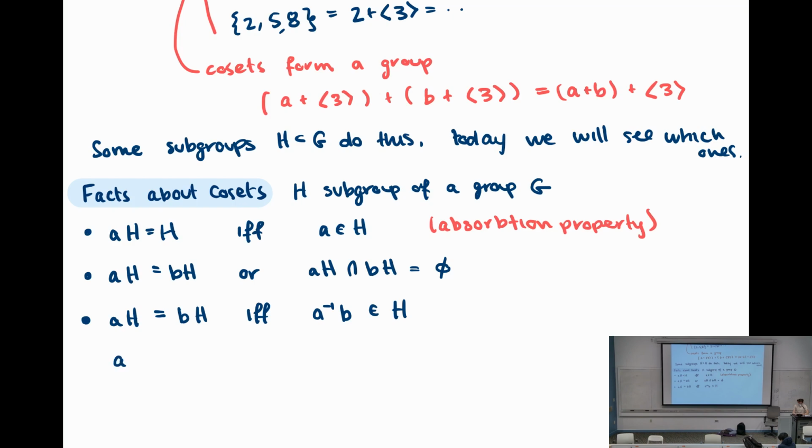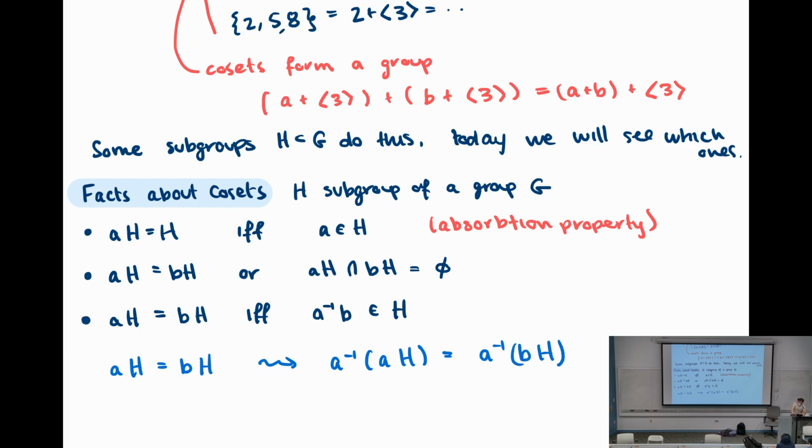So if AH is equal to BH, we can multiply both sides by A inverse, and we'll have A inverse AH is equal to A inverse BH.